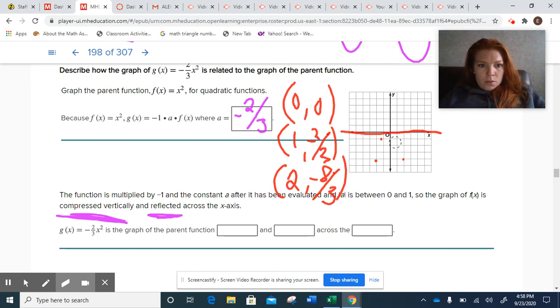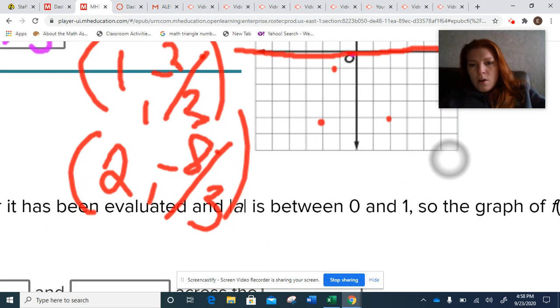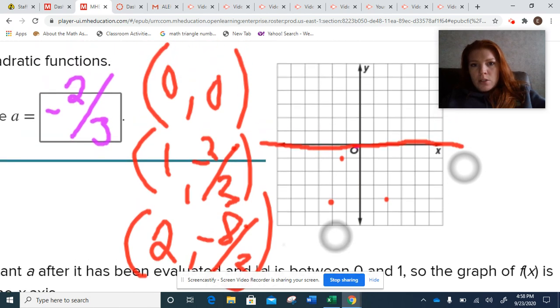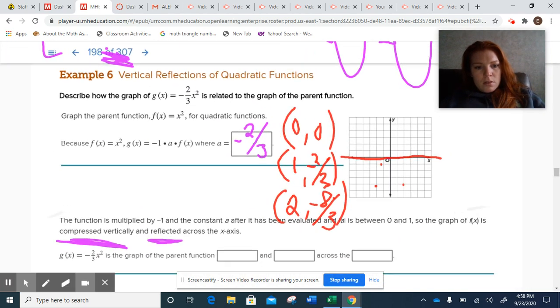Oof. We have a small graph, I'll tell you that. I wonder if I can zoom in some way. Can I zoom in on this? Oh, I can. Okay, we're gonna zoom. That might be easier for me to do here. Oh, but then my thing goes away. Dang it. Okay.